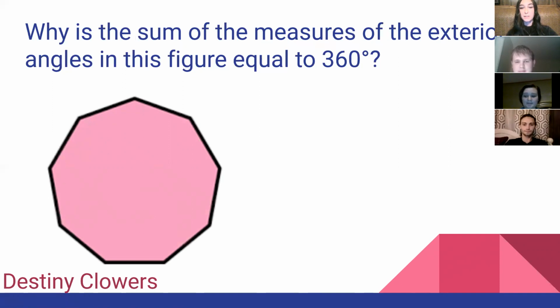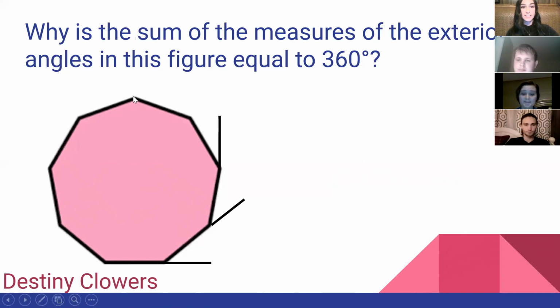According to the sums of the angle measures theorem in a convex polygon, we know that each of the exterior angles, and these are just a few of them, but it will go all the way around the polygon, have a sum of 360 degrees. So added together, they're all going to equal 360 degrees.